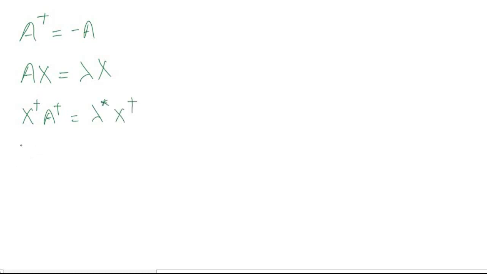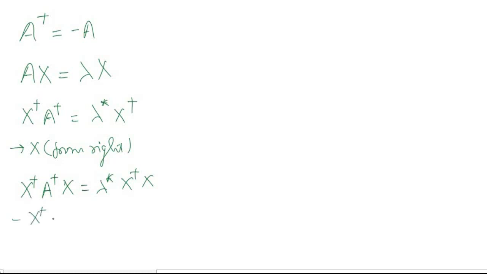Then multiplying x from the right side, we will get x dagger A dagger x is equal to lambda star x dagger x. A dagger is negative of A, so this is minus x dagger Ax is equal to lambda star x dagger x.